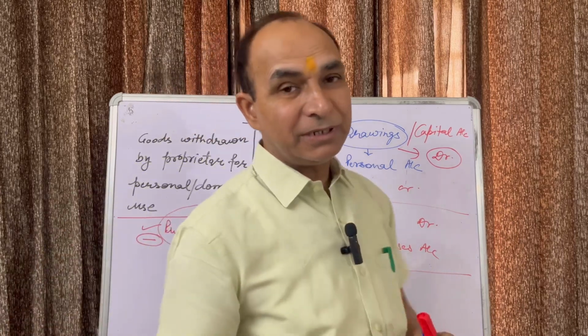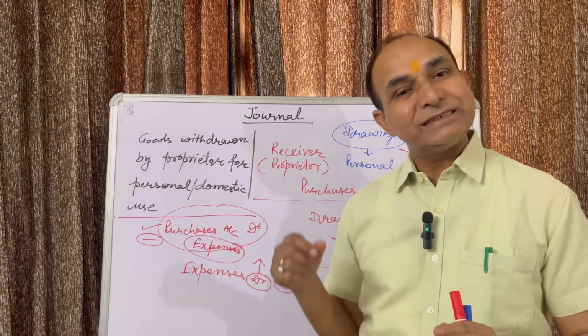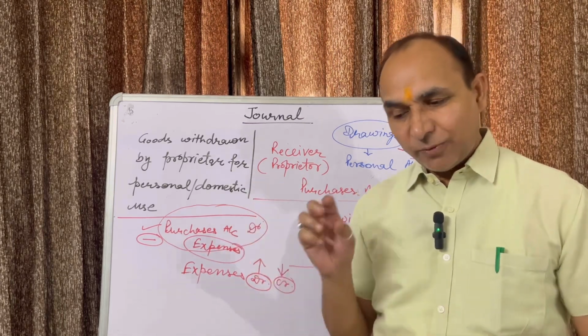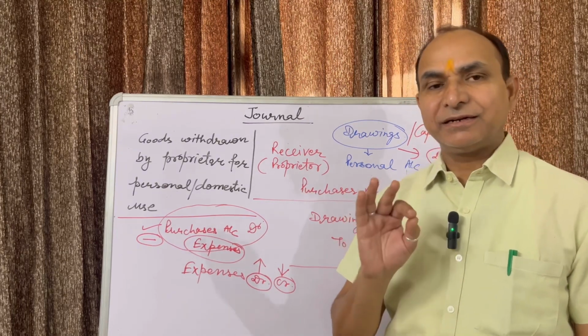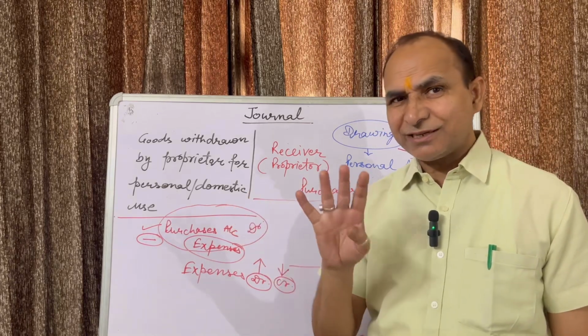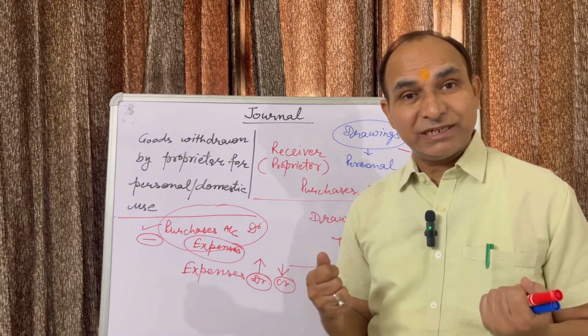Students, I hope this concept of goods withdrawn by the proprietor and its journal entry is clear to you. Before doing such entries, we need to go through the rules of debit and credit. In the double entry system approach, there are three accounts, personal, real, nominal, and we must have good knowledge of their rules.